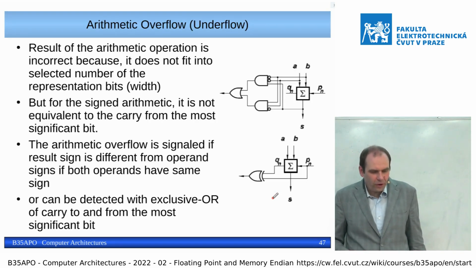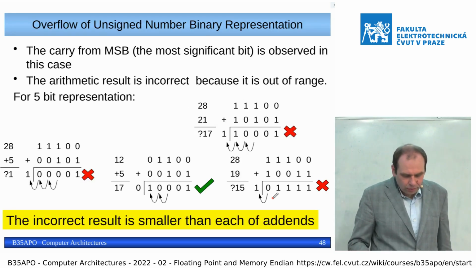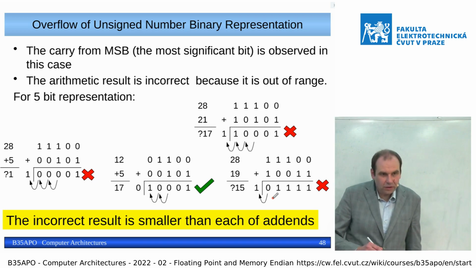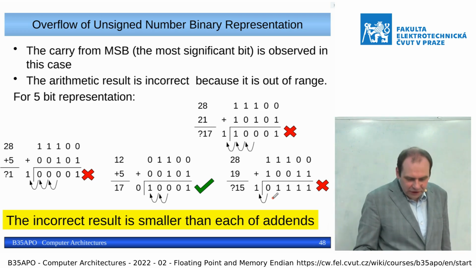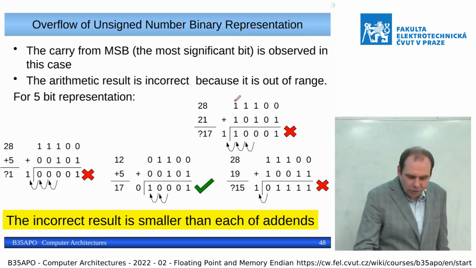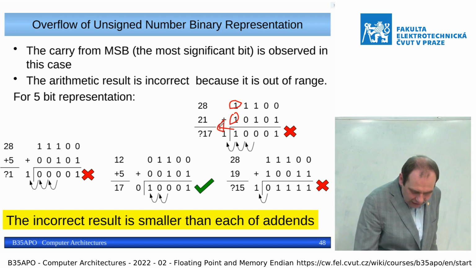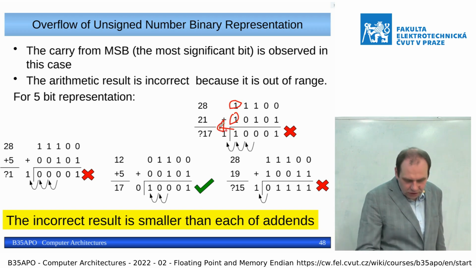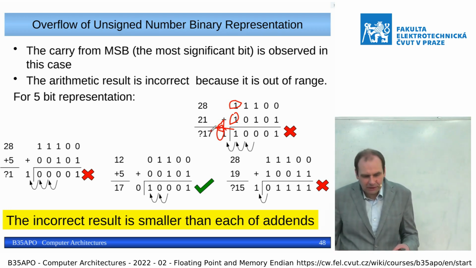Okay, for overflow, we have said that there are two options for finding out if there is or is not overflow. For unsigned arithmetic, overflow happens when we need a carry after the addition to the first bit, which is not part of the representation.